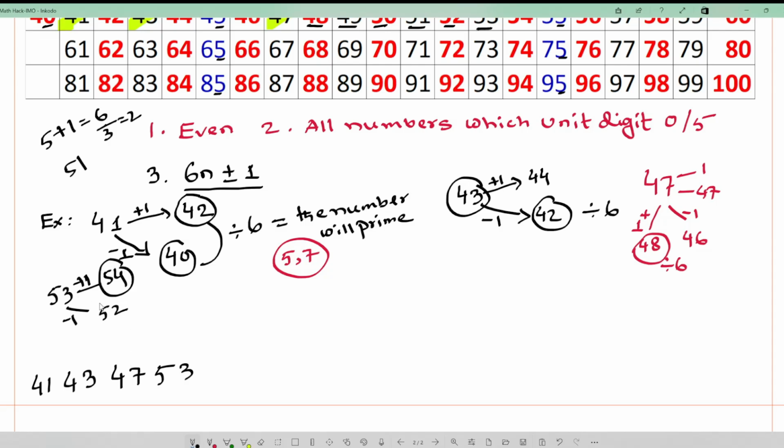So 54 can be divided by 6. So if anyone is divisible by 6, then this number will be a prime number. Maybe you feel it is complex, but it's a very interesting rule. Please don't speed up the video. Watch slowly. You will learn lots of things from this video.